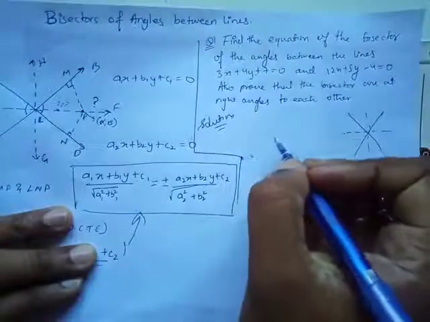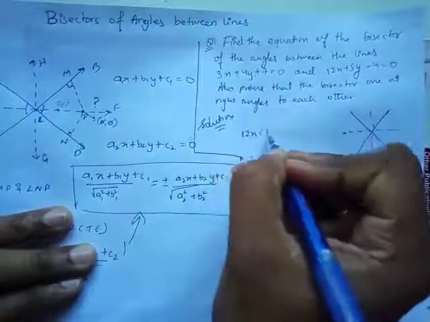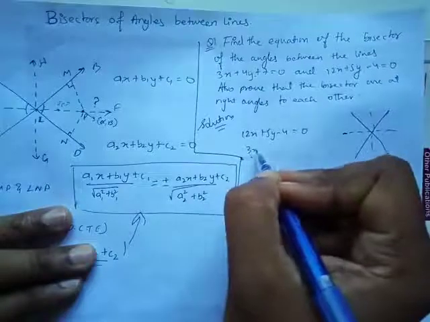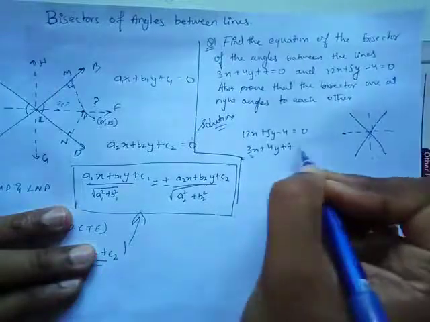So I'll start solving it. I'll write 12x plus 5y minus 4 equals 0, and the second equation is 3x plus 4y plus 7 equals 0.